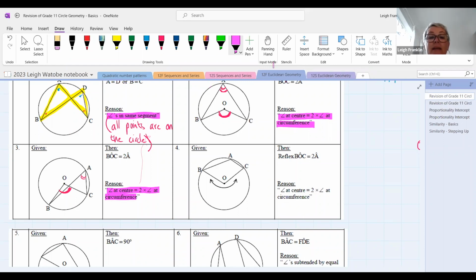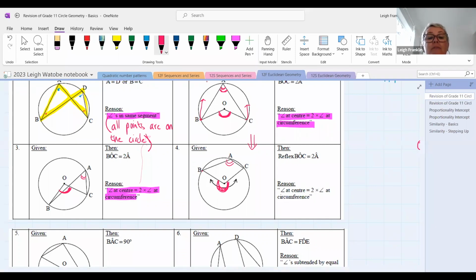So when we go from this diagram in number 2 to this diagram in number 4, we've taken this point B and that point C, and we've raised them up and let them go higher up on the circle. That's why they're up here now. And again, the angle at the center is twice as large as the angle at the circumference.